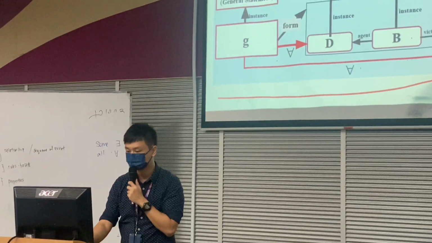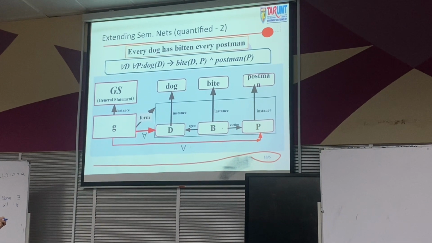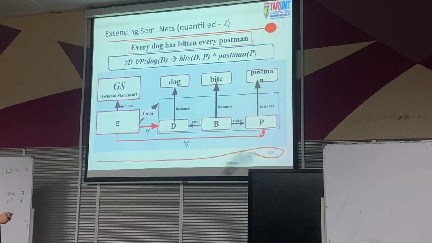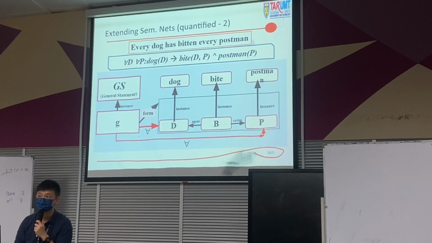In this case, you have to join this statement here. Create one line to show all dogs here, and at the same time you create another line to link to this postman and put this symbol. Then from this diagram we know that every dog has bitten every postman. Is that clear?